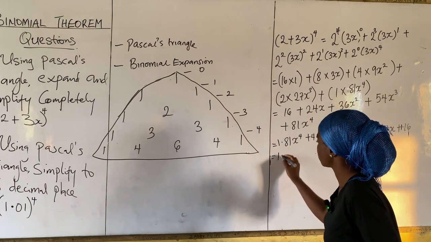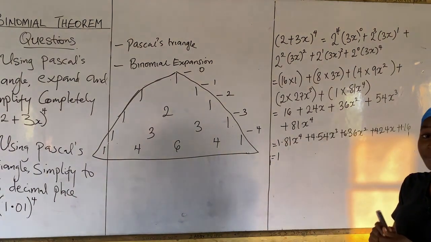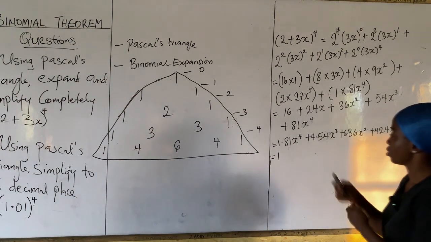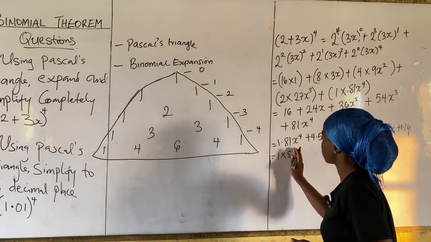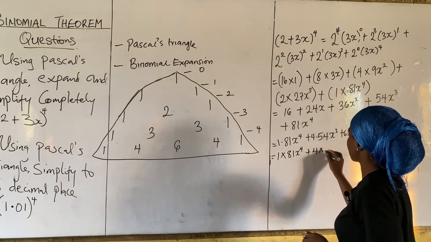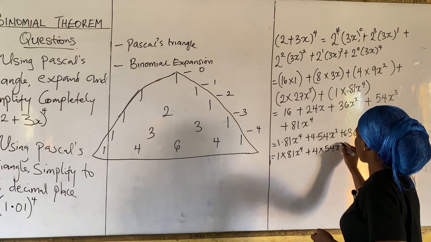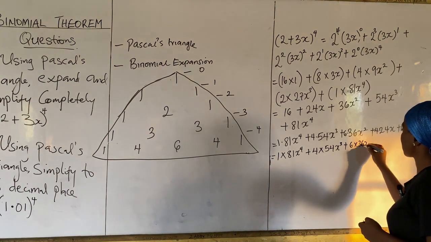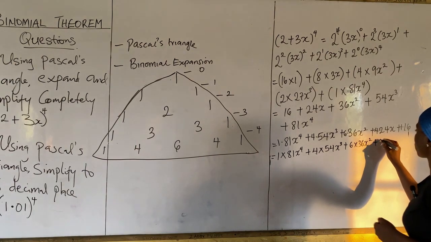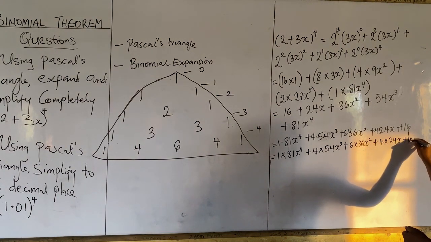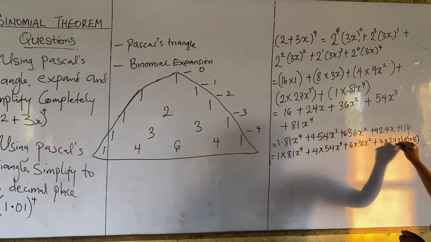Remember, in our binary operation, our dot means multiplication. So that's 1 times 81x raised to the power 4 plus 4 times 54x raised to the power 3 plus 6 times 36x raised to the power 2 plus 4 times 24x plus 1 times 16.